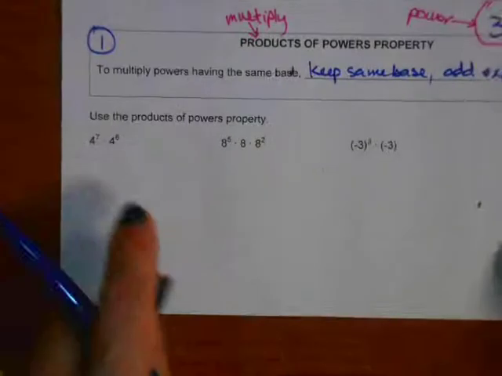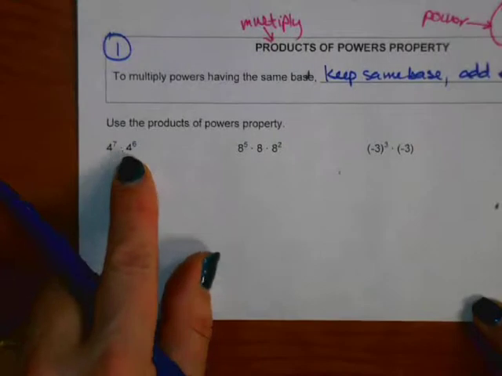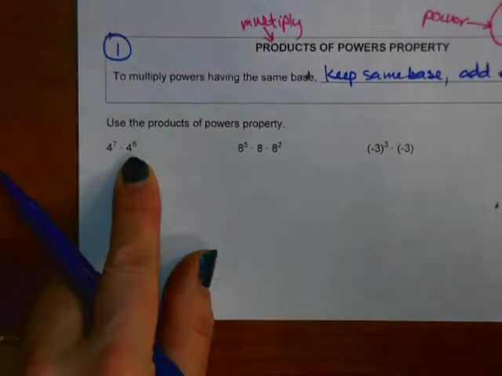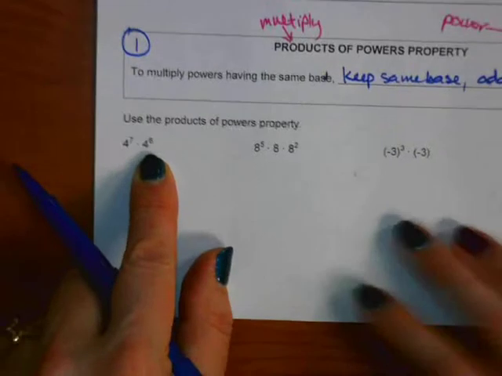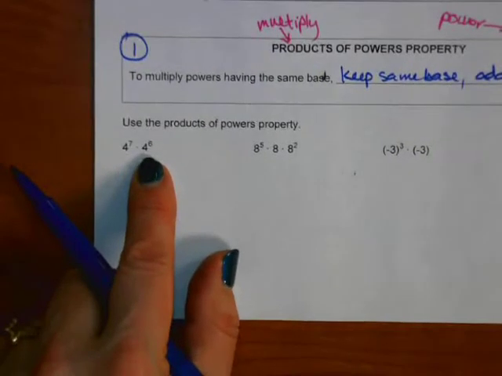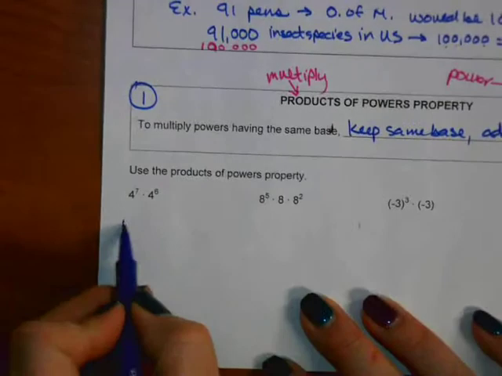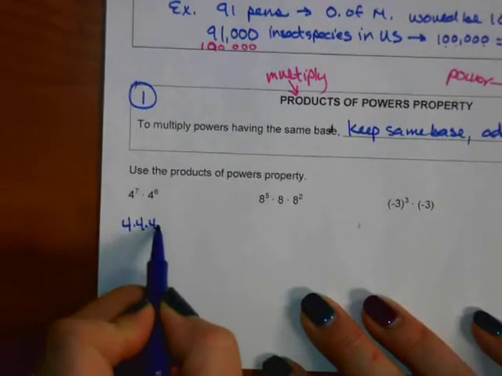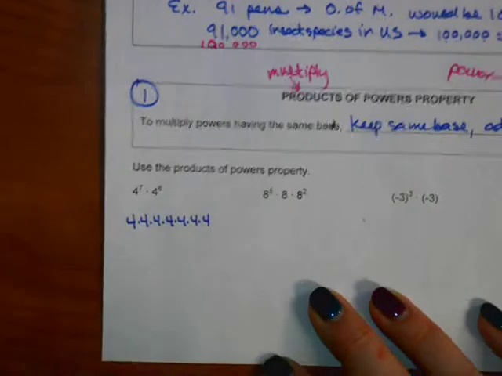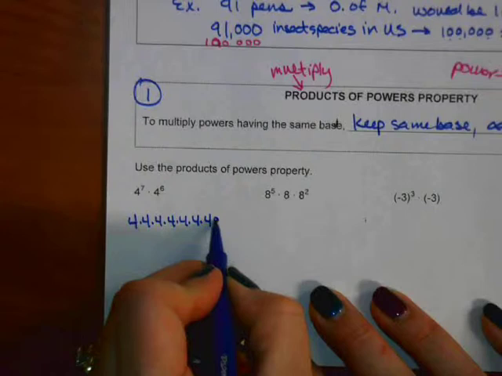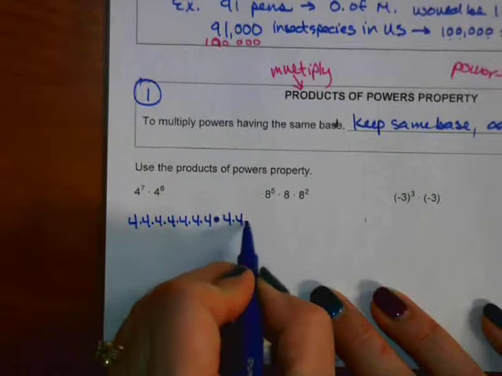All right, so let's look at what we have here. I have a power times a power. They have the same base. This is telling me that I have 7 4s. You don't have to write this all out, just look. 7 4s times 6 more 4s.